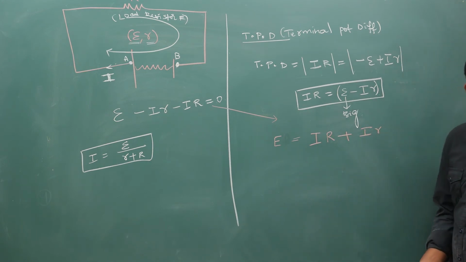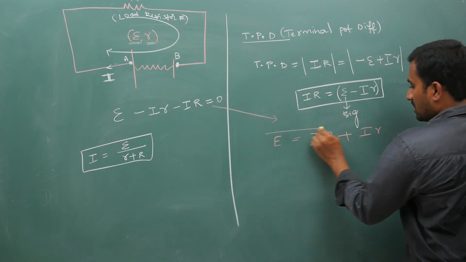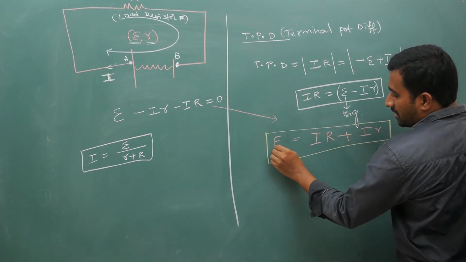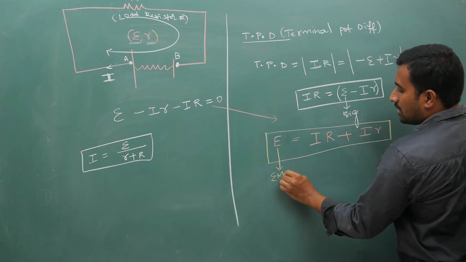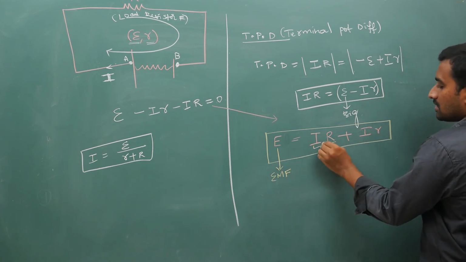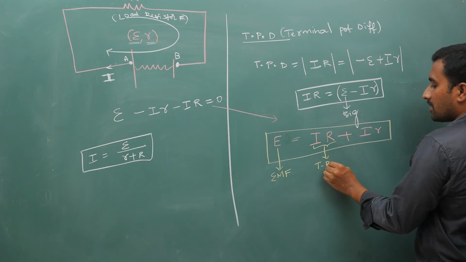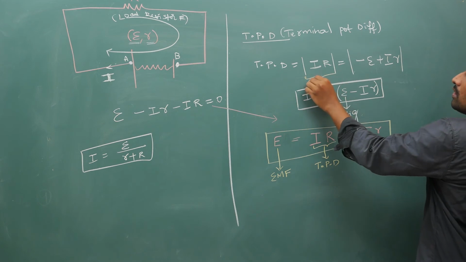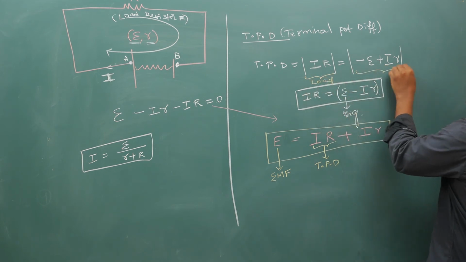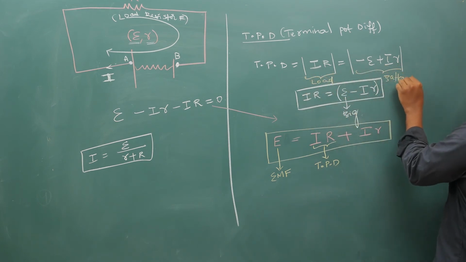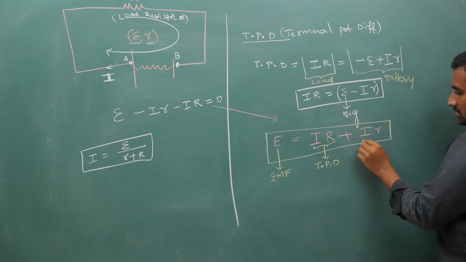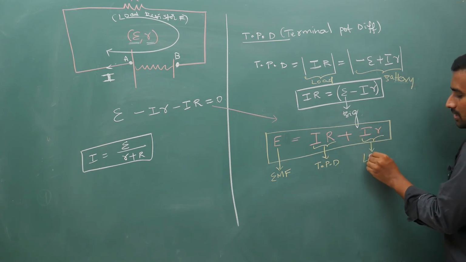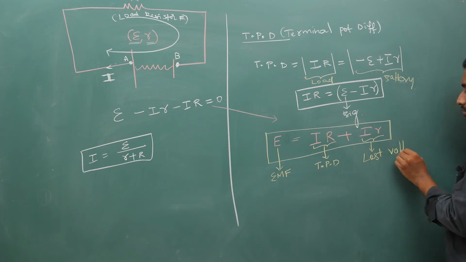This part is your EMF, and this part is your terminal potential difference, so you can give it either through the load or through the battery. Your terminal potential difference is this much, plus this Ir is called the lost volts of the battery, whatever is getting lost because of internal resistance.